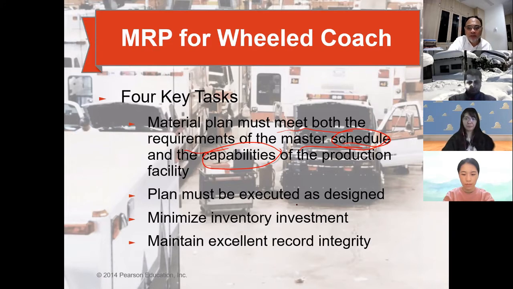And the plan must be executed as designed, and you want to minimize inventory investment. So that's why you have JIT, the just in time system. The parts will come just in time. And you need to maintain excellent records for the inventory. The inventory must be almost 99% accurate in order for the production to be running as scheduled.